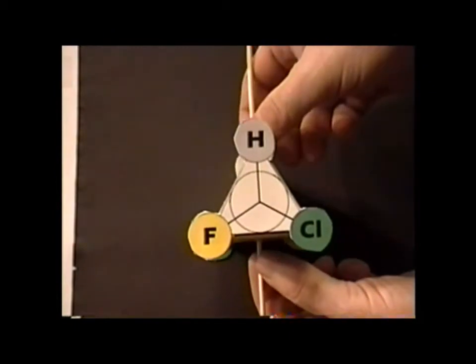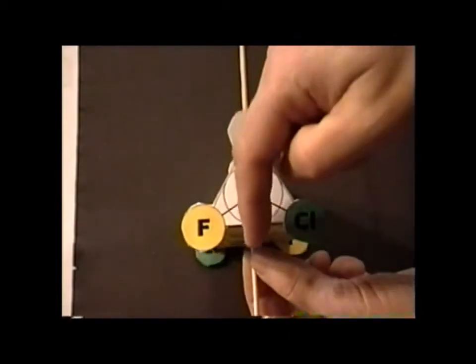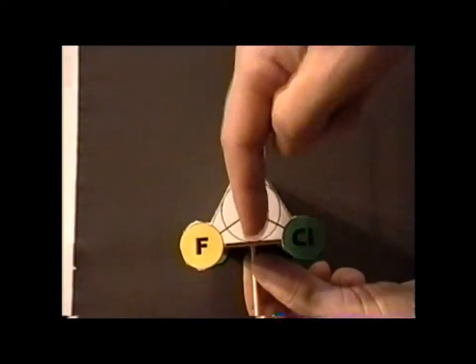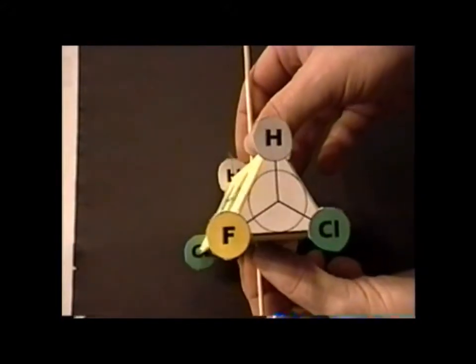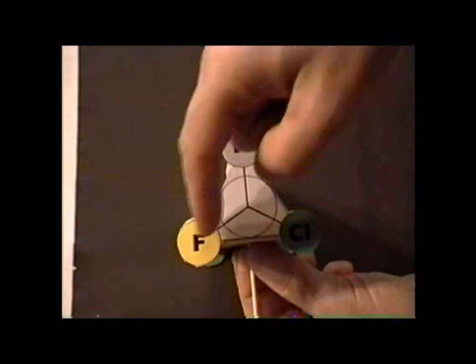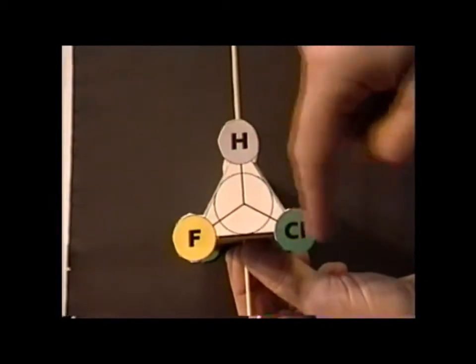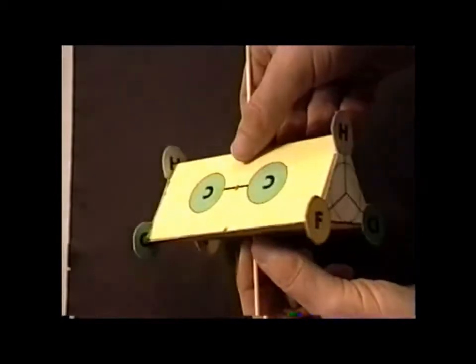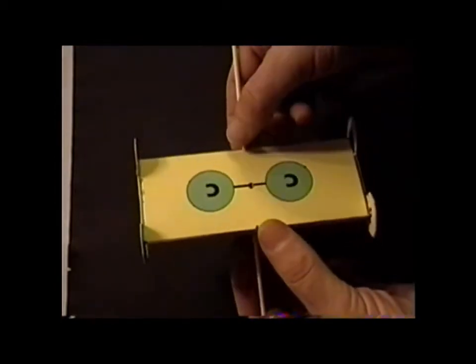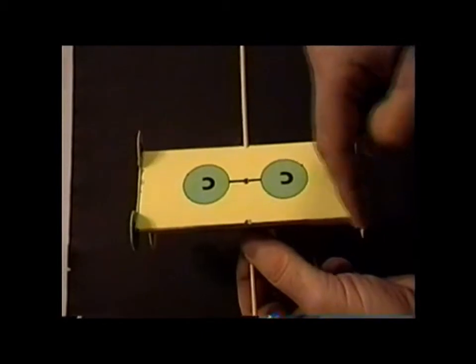Now in this particular case, if we were to look along this particular line, we would notice that we don't have a vertical mirror, because if we did have a vertical mirror, it would mirror fluorine into chlorine, and that doesn't work. Hydrogen goes into itself, that's not a problem. We might also look for a mirror plane going from here to there.